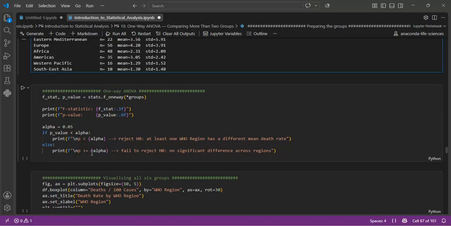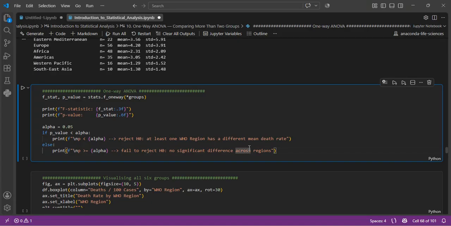If it is not, so if it is greater than or equal to alpha, then you will fail to reject. Now, what is the null hypothesis? The null hypothesis is that at least one WHO region has a different mean death rate. That is the null hypothesis that we are testing. So let's run it and see what will be the outcome.